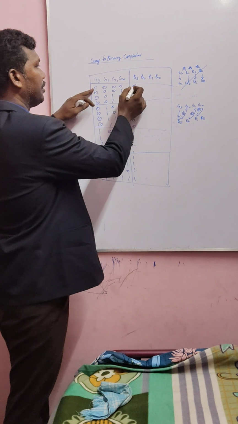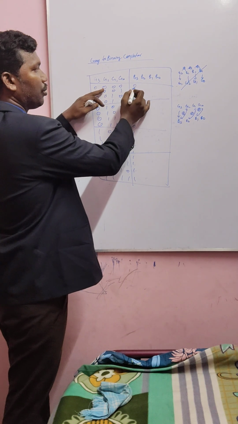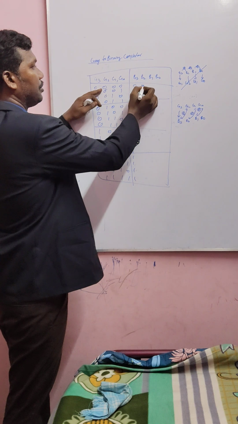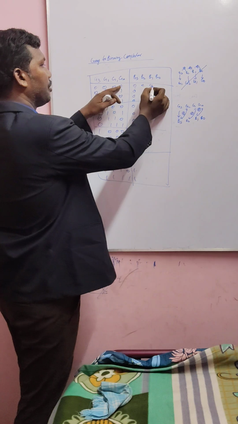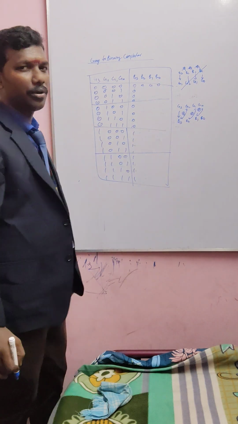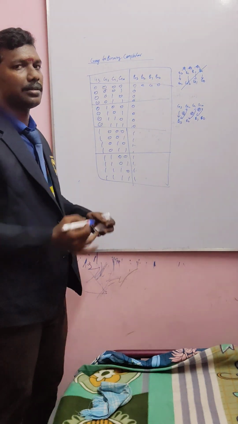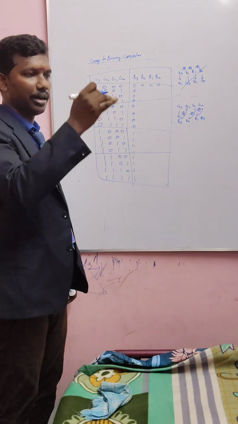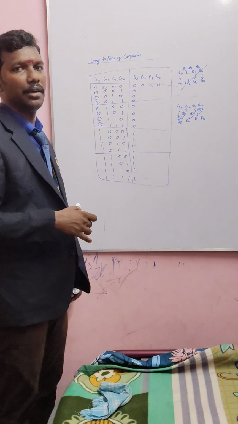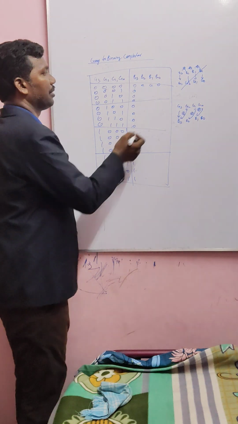So 0 stays 0, then do XOR of this one and this one, 0. Do XOR of this one, 0. Do XOR of this one, 0. It looks somewhat like a reverse direction, but when you come back to normal, you have to do the cross correlations. So likewise you fill it.